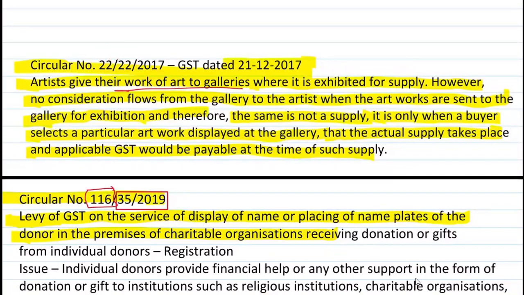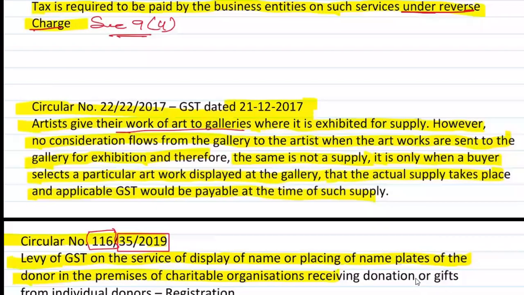Okay, artists gave their work of art to galleries where it is exhibited for supply. Okay, now there used to be doubt. Now suppose here it is an artist. Okay, he has given his work of art for exhibition.